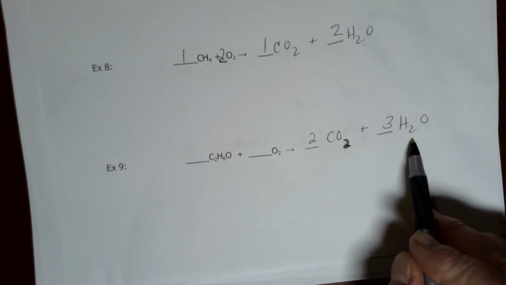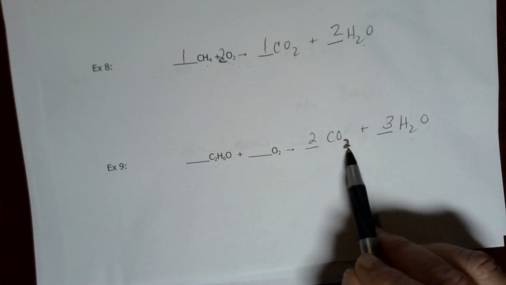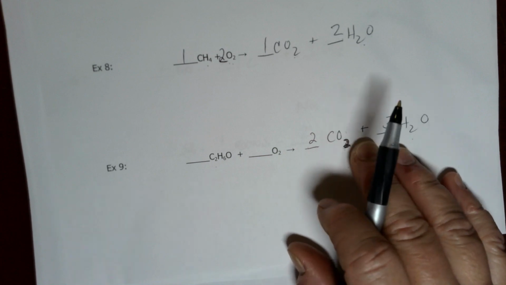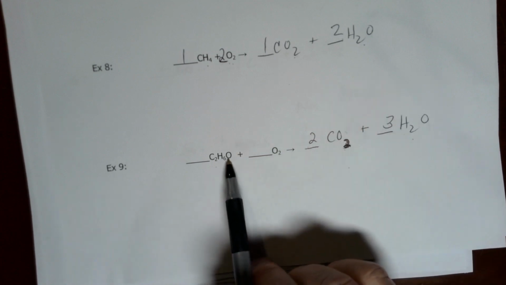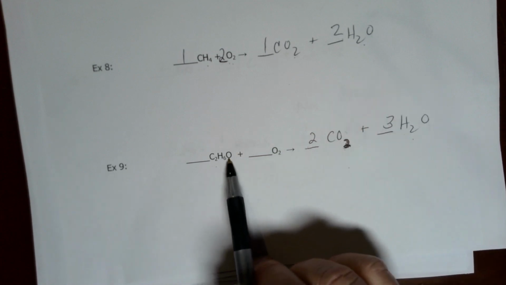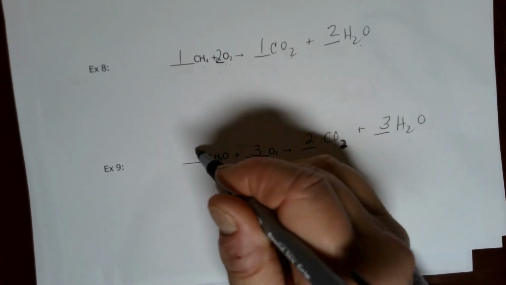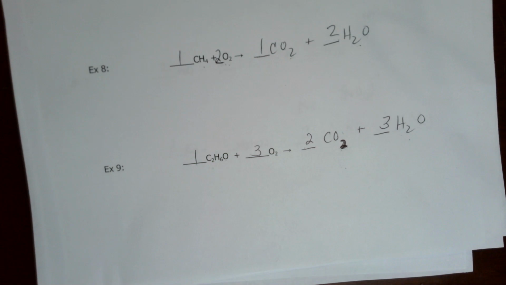That's going to give me 6 hydrogens. And if we take a look, that's going to give me 4 oxygens plus 3 oxygens, so 7 oxygens over here. This oxygen is 1. I just need 6 oxygens out of this, so I've got to put a 3 there. So this equation is balanced at 1, 3, 2, 3.